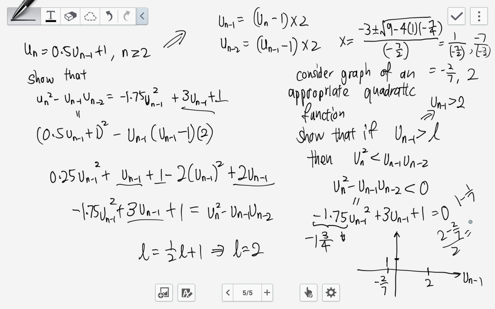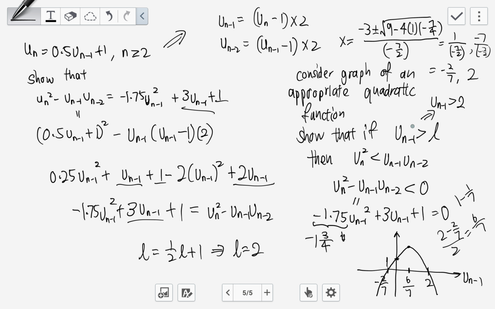So I should get 6 over 7, somewhere here. If I substitute 6 over 7 into this equation, I should get a corresponding y value, but I'm not going to concern myself so much with the graph sketching right now. We know that it passes through this point. That's good enough, right?